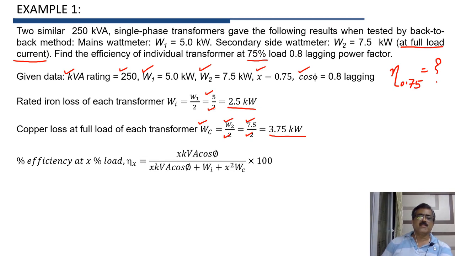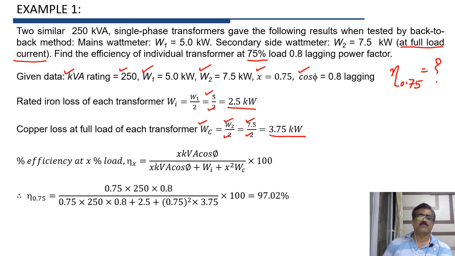Now here the value of X is 0.75, kVA is 250, cos phi is 0.8, Wi is 2.5 and Wc is 3.75. So substituting all the values and solving, we will get the efficiency at 75% load and at 0.8 power factor lagging equal to 97.02%.